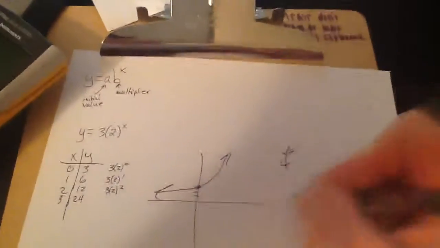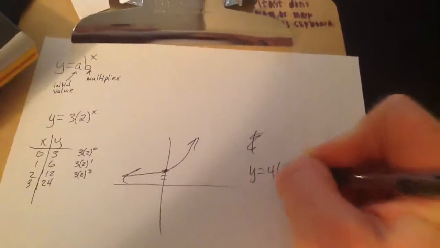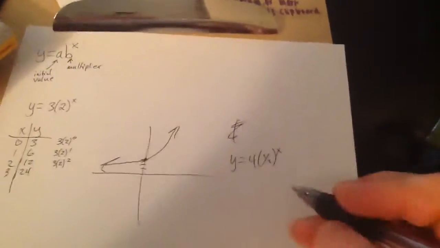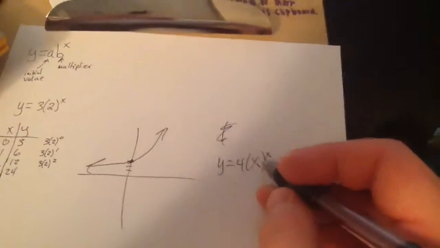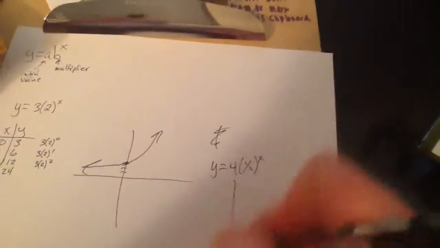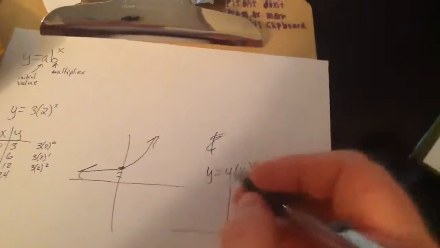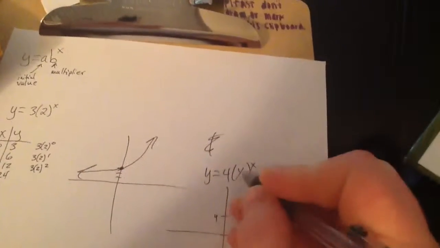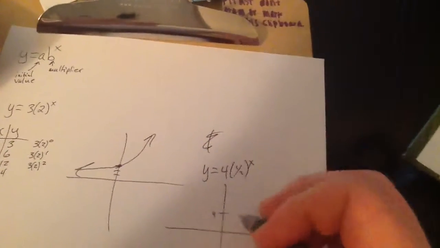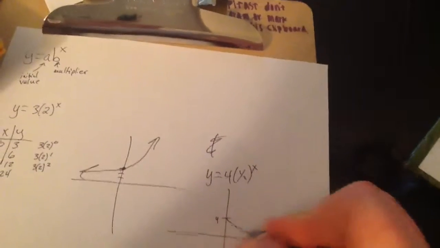If your multiplier is a half, so let's say you had y equals 4 times the half to the x. Well, think about a table. You're going to start at 4. Multiply by half as x gets bigger, so 4 times a half is 2. It's going to get smaller and smaller and smaller.